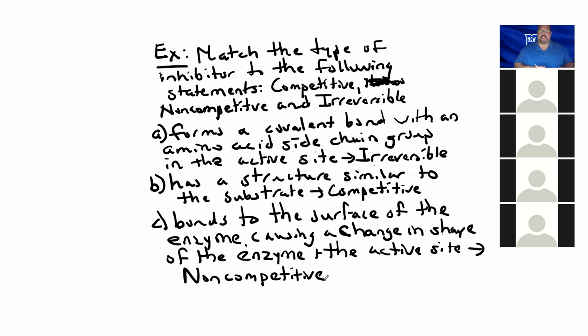And if the shape of the active site is going to become distorted, the substrate cannot become bound to the active site on the enzyme. So that's letter C.